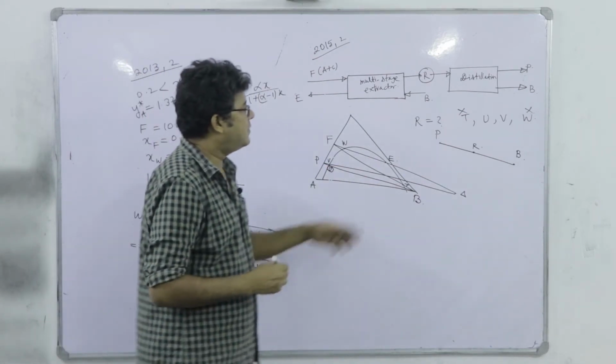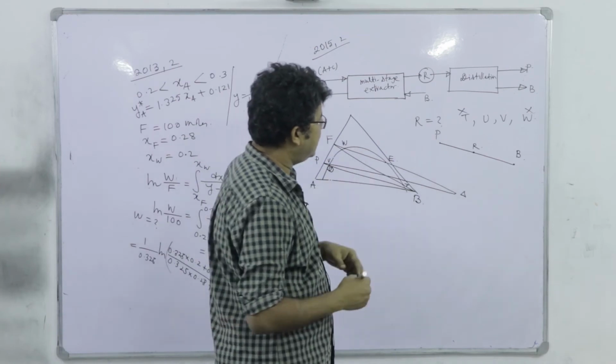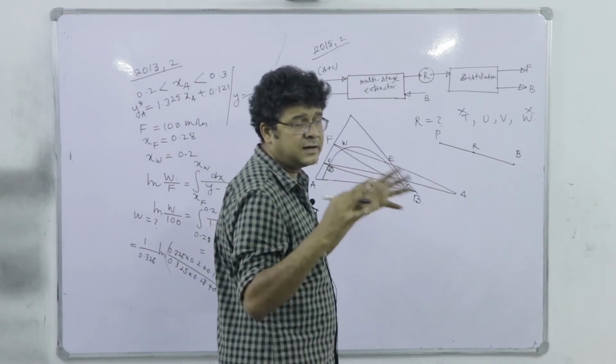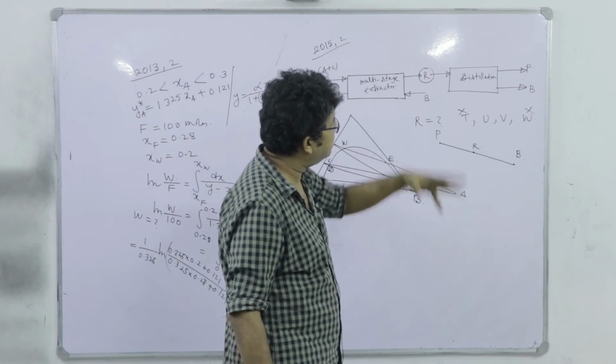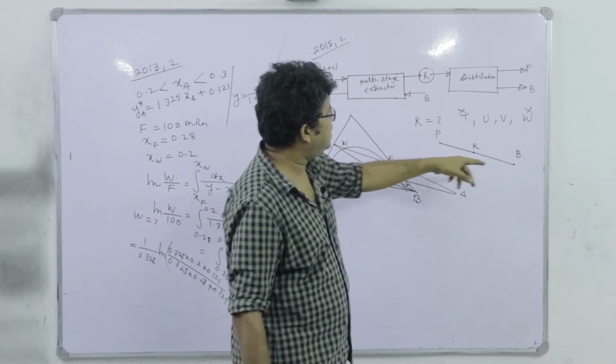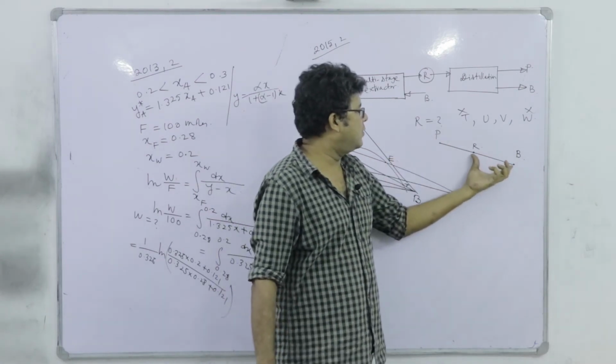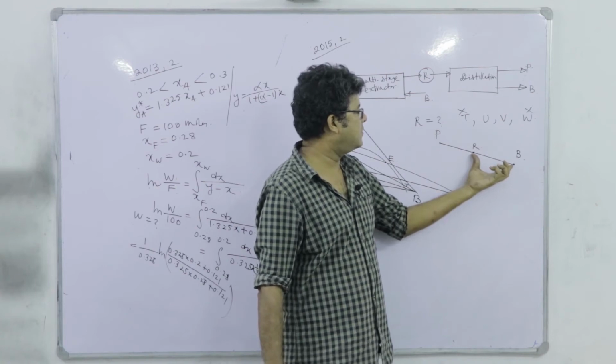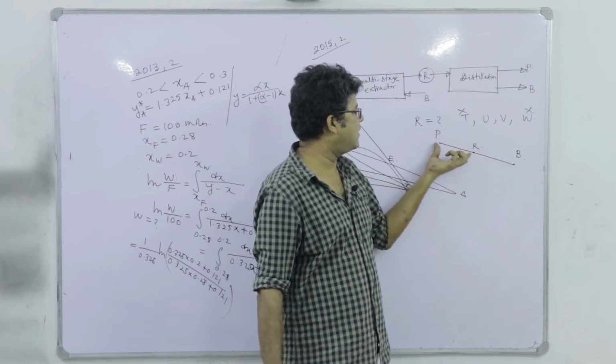And this is the typical, this is not the tie line, the lever arm rule concept is derived from here. The amount of P and amount of B is equal to the length section RB by length section PR.